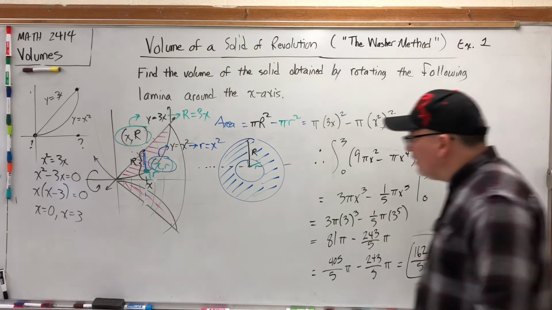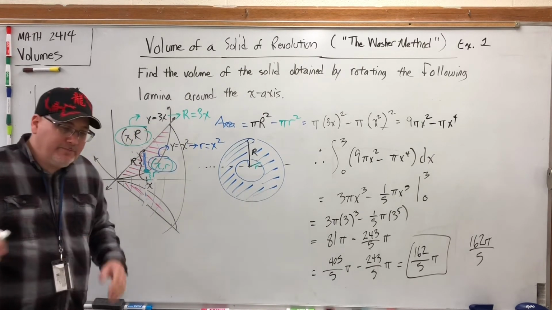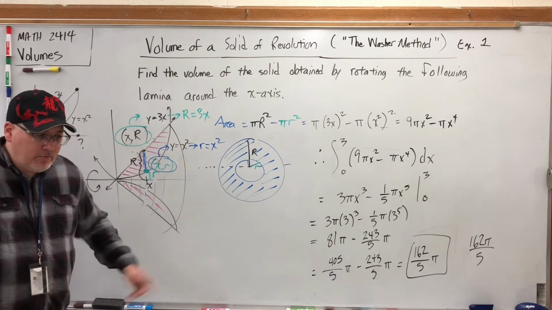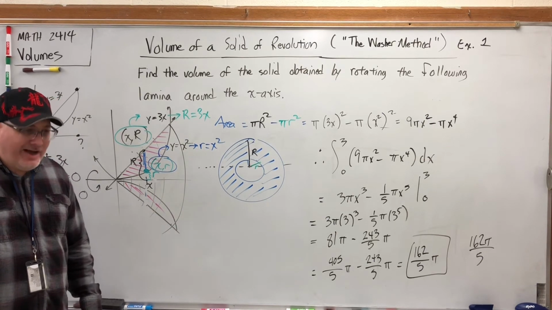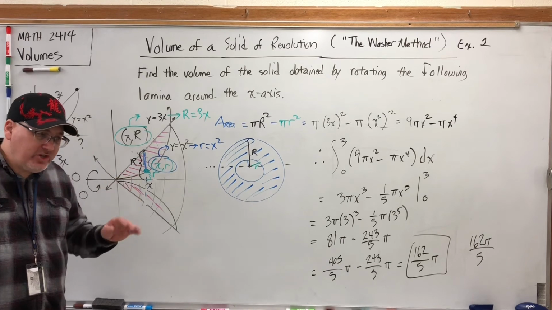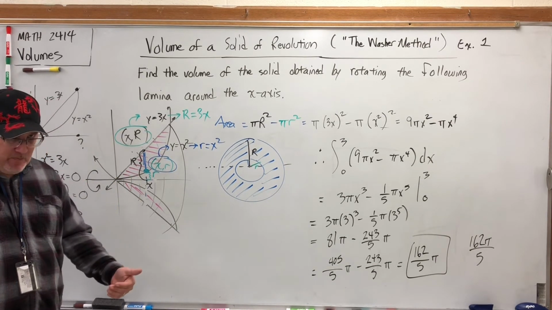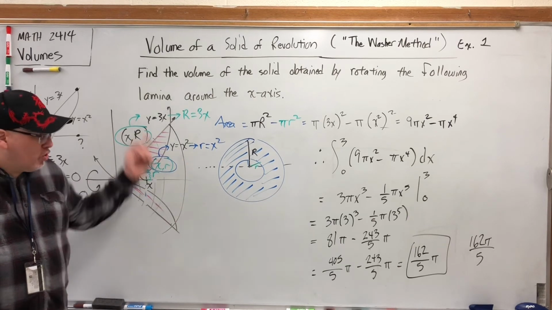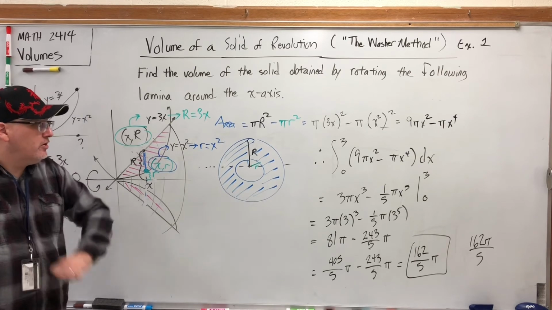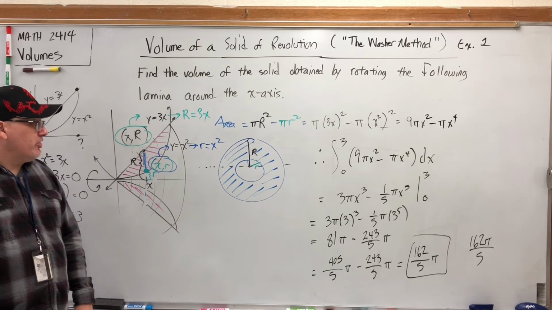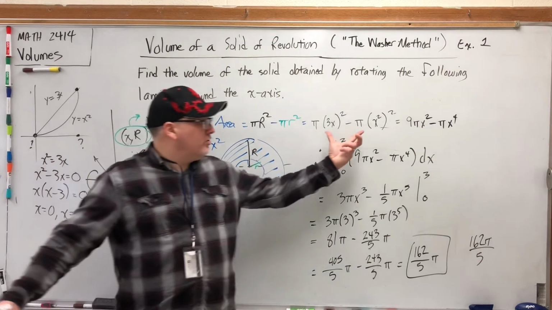Either one's okay. But to review, and this is the important part: if you're rotating a lamina around an axis of rotation, but the axis of rotation is not a boundary of the lamina, then your cross section will be a washer, one circle minus another. Now, if you wanted to try to generalize, it wouldn't be that hard, because look what we have right here.